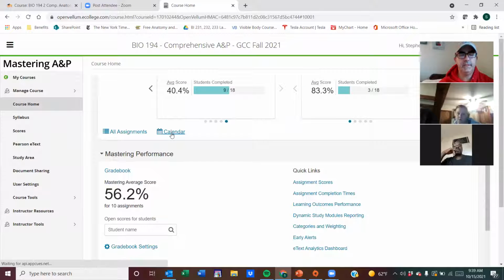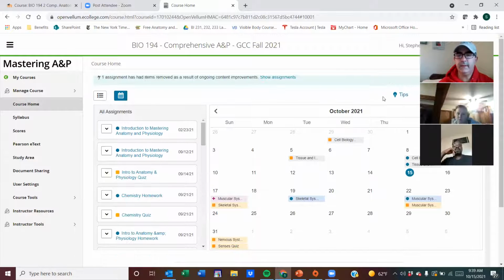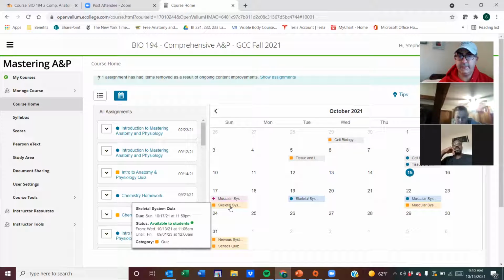So if I go to the calendar, you can see that here we are on the 15th, right? And on the 17th at midnight, I put the skeletal system quiz is due.